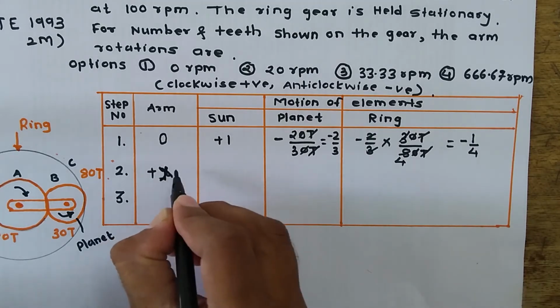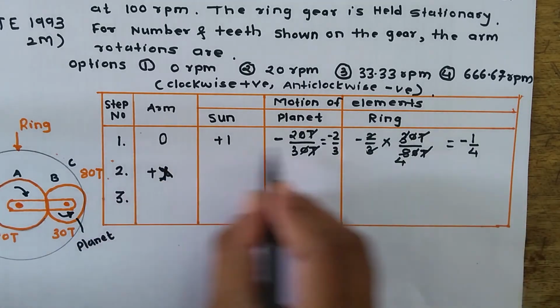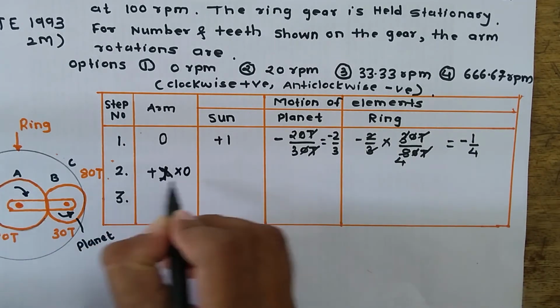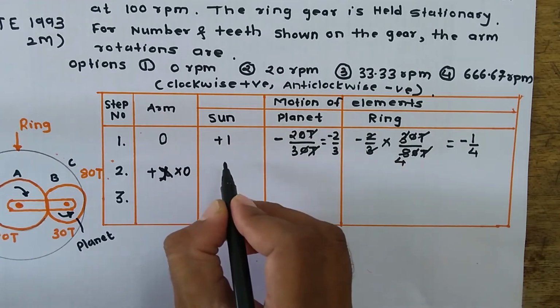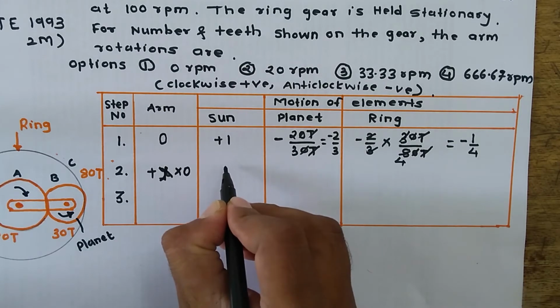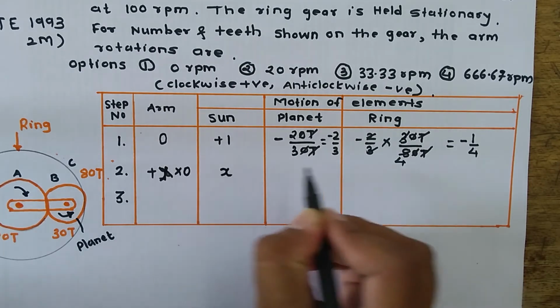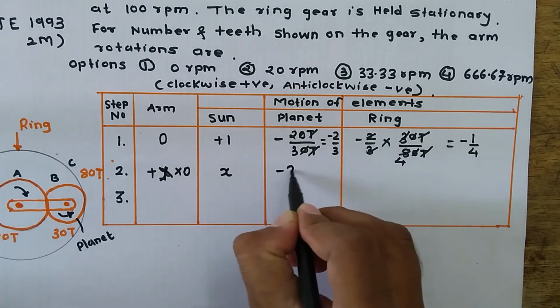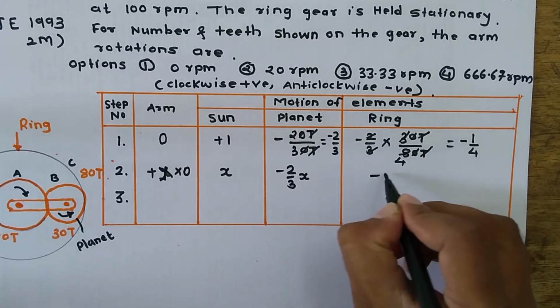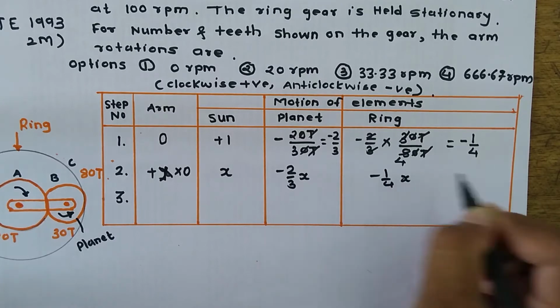Now we multiply each motion with x. The arm's 0 into x becomes 0. The motion of the sun is +1, so +1 into x becomes x. Then -2/3 into x, and lastly -1/4 into x.